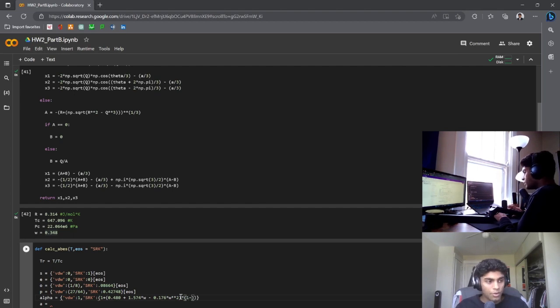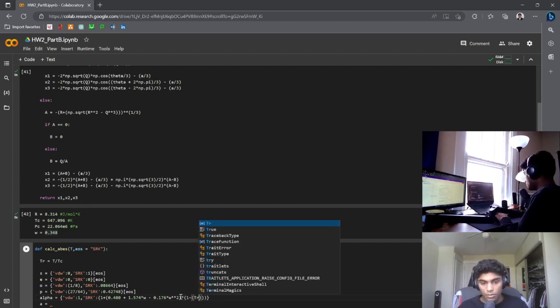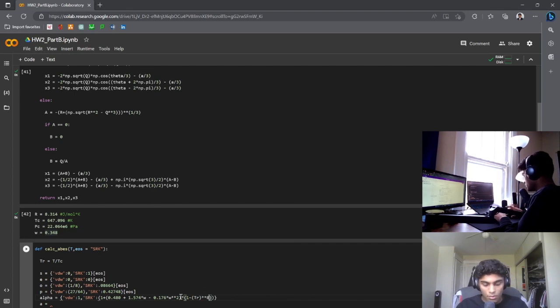1 minus the square root of the reduced temperature, 1 minus TR to the 0.5 power, means the same thing. And that should all be to the second power.